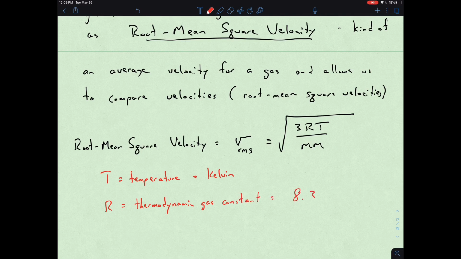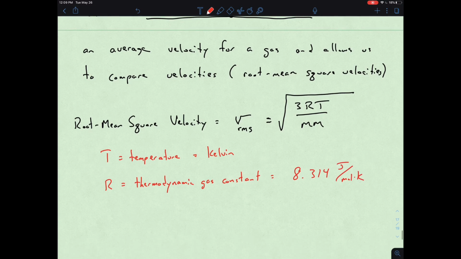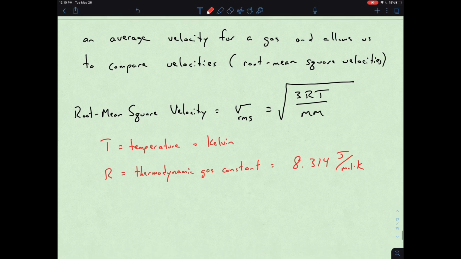It's 8.314 joules per mole Kelvin. And we have to understand that now we're talking about kinetic models and thermodynamic models. So we're not using a gas law constant in terms of volume, temperature, moles, pressure. We now have to have this joule relationship. And so that's why we have this other R value for thermodynamics involving gases.